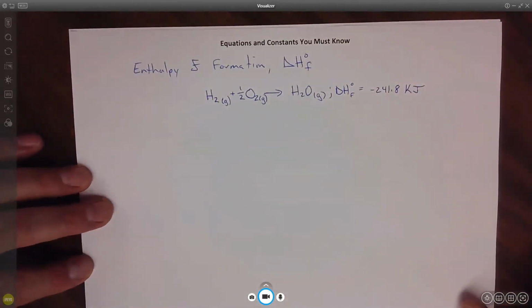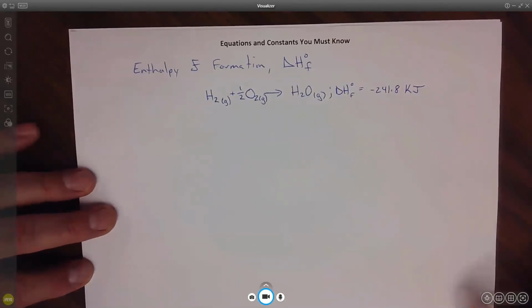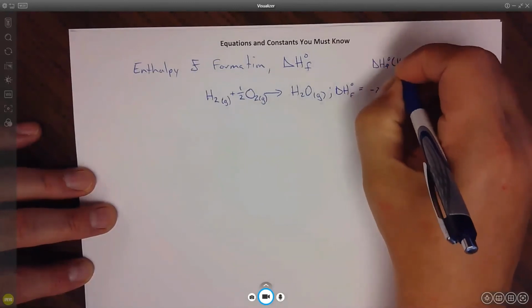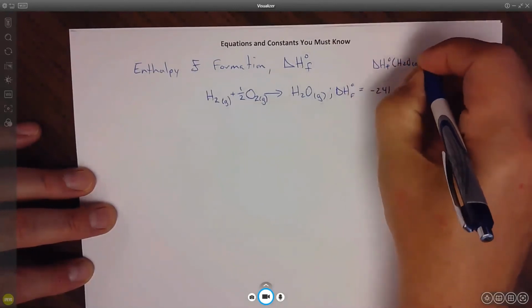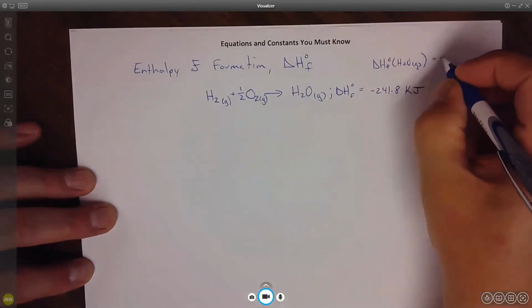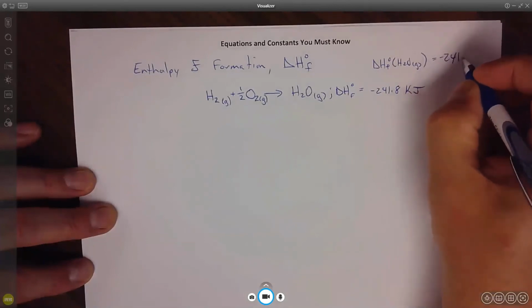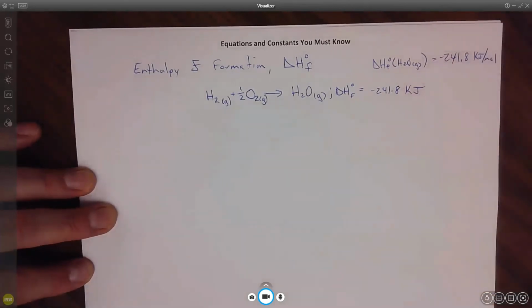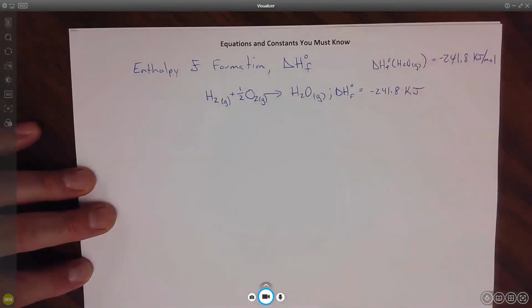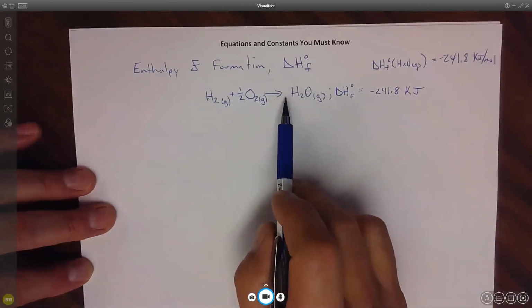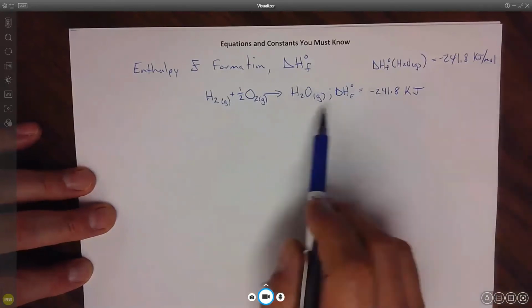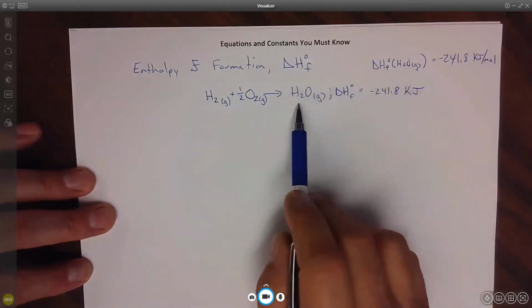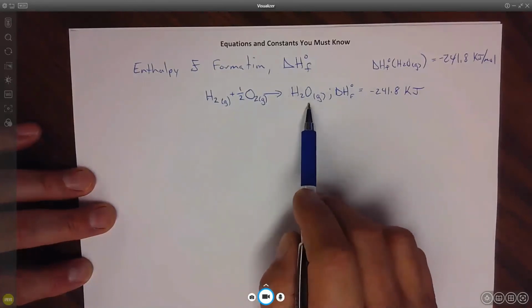When you look this up in the book, what you're going to find is that ΔHf for gaseous water is equal to negative 241.8 kilojoules per mole. That's why this has got to be fixed at 1, because that per mole is for 1 mole of whatever that product is.